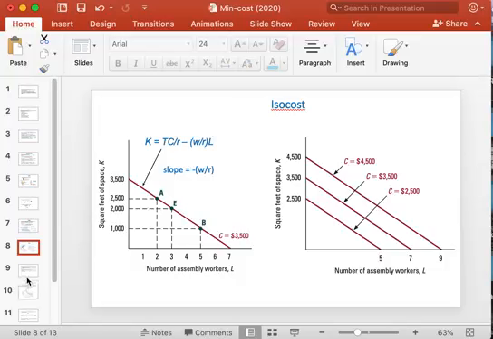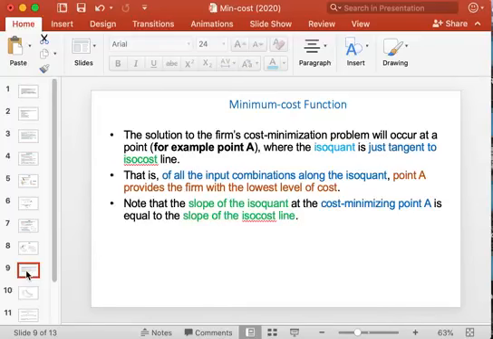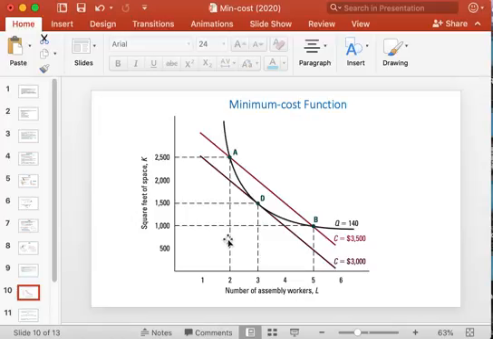The solution to the firm's cost minimization problem will occur at a point where the isoquant just touches the isocost line, or in other words, where the isoquant is just tangent to the isocost line. You can see this here in this graph.